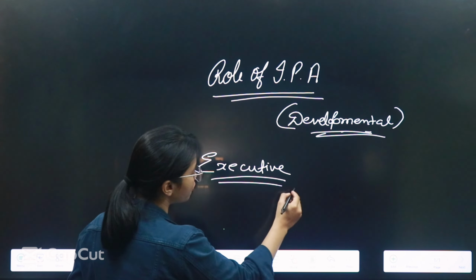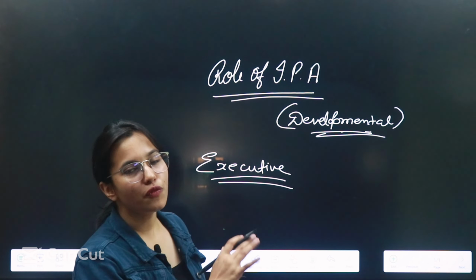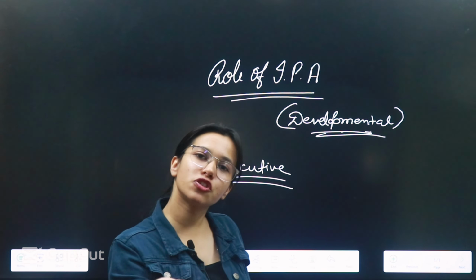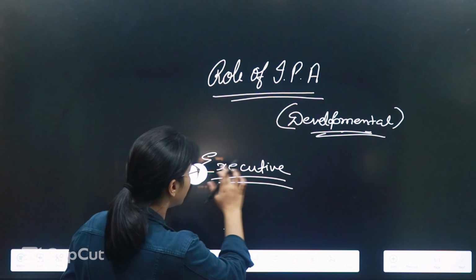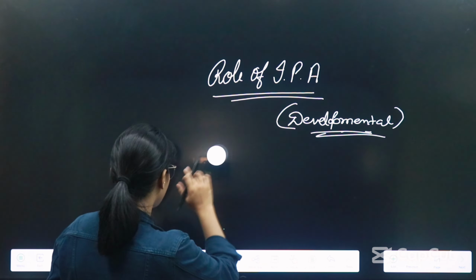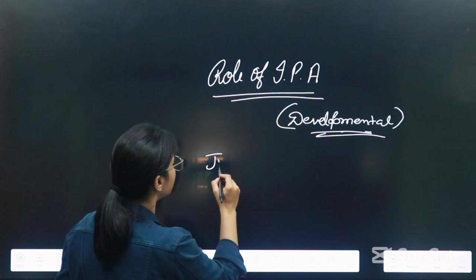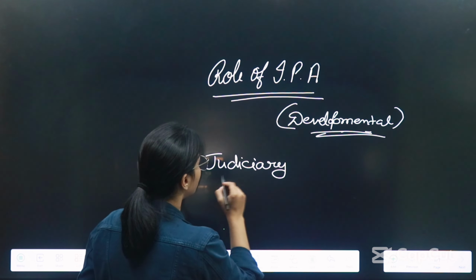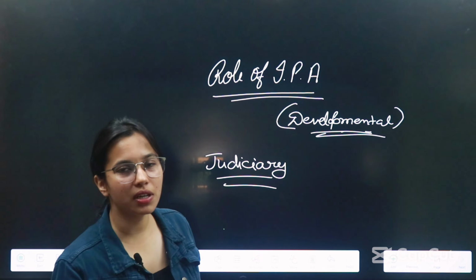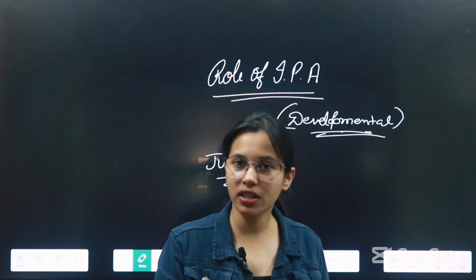The executive body which is responsible for implementing the laws that are formulated by the legislative body. Then we have the third institution of our government, that is the judiciary. Now this judiciary is responsible for punishing the lawbreakers, right?